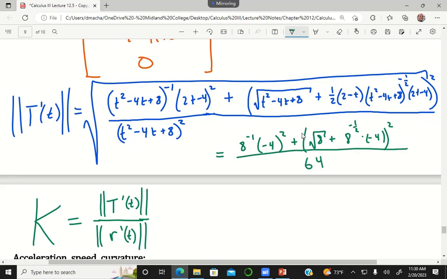So if I give you t equals 0, look how easy that was to just plug in t equals 0, and then now these things start simplifying really fast, right?